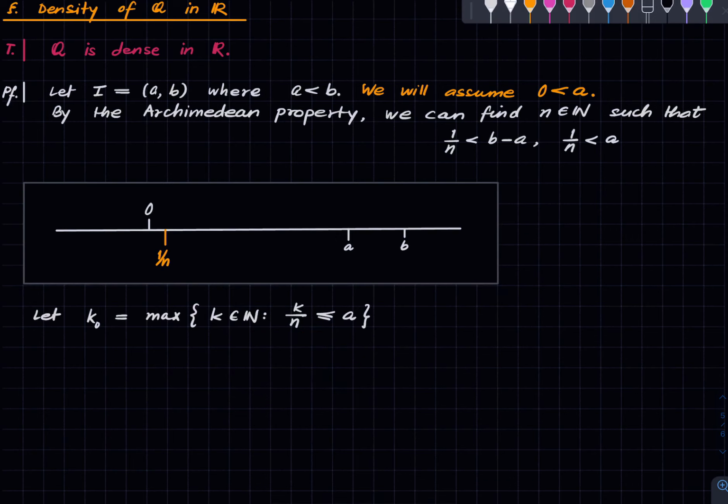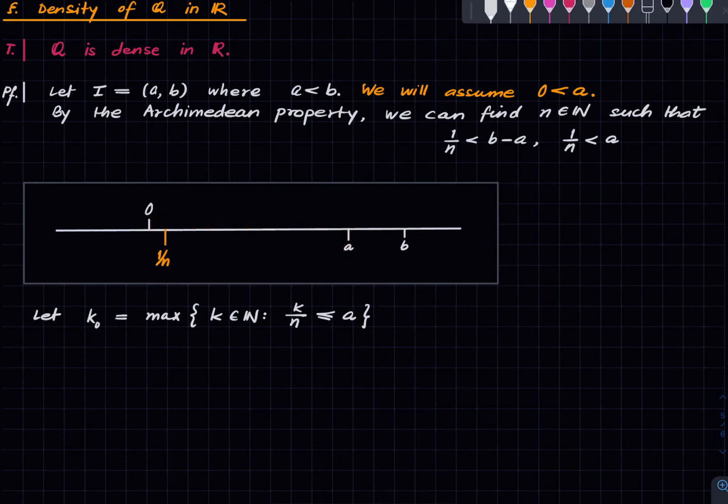At the same time, this is a non-empty set because 1 lies in this set: 1 by n is less than a. So this is a non-empty finite set is all I'm saying. And therefore one can take its maximum, and its maximum is a natural number which we are calling k naught. So conceptually, k naught is the greatest number of steps you can take, where each step size is 1 by n, so that you have still not crossed a. All right.